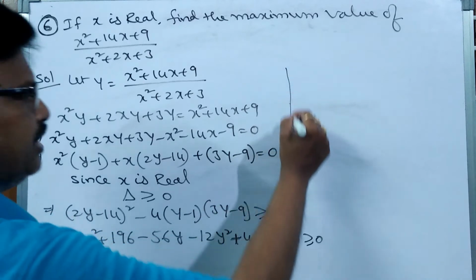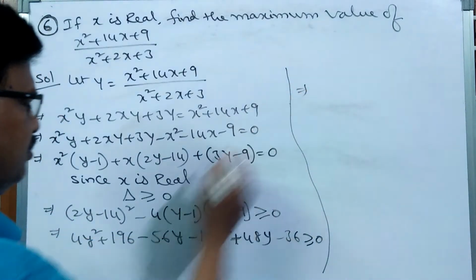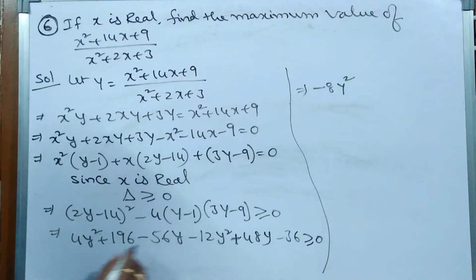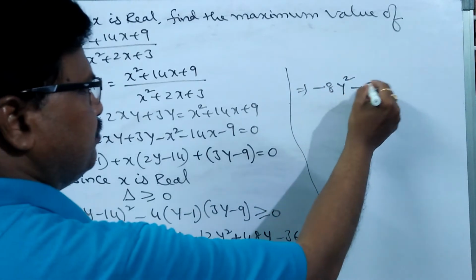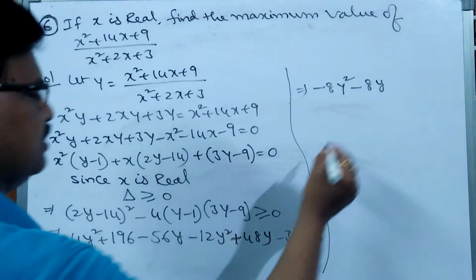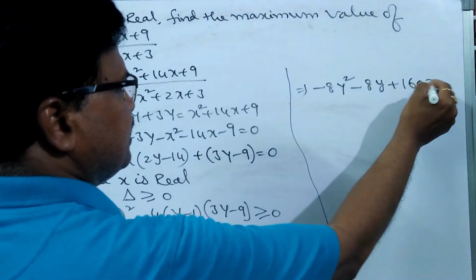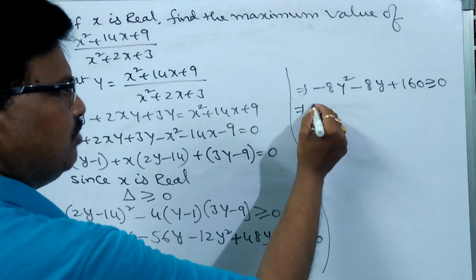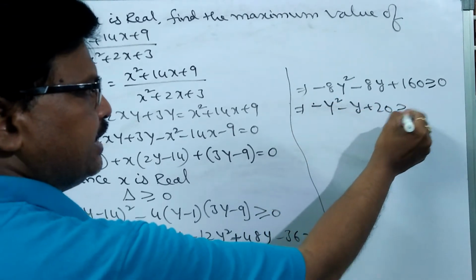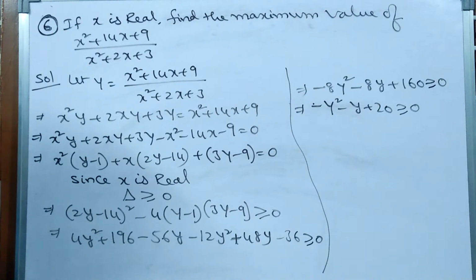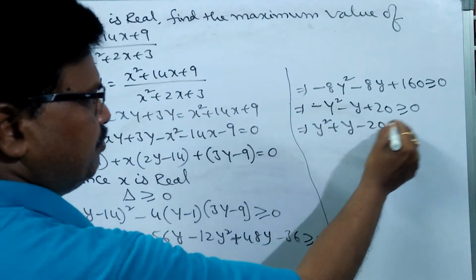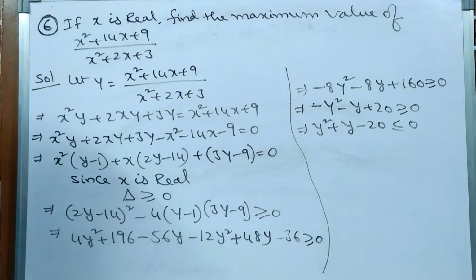So what we are going to get, further simplification will give us 4y square minus 12y square, minus 8y square, minus 56 plus 48 minus 8y, 196 minus 36 plus 160 greater than or equal to 0. Divide with 8, what you are going to get, minus y square minus y plus 20 greater than or equal to 0. Multiply with minus sign on both sides, y square plus y minus 20 less than or equal to 0.